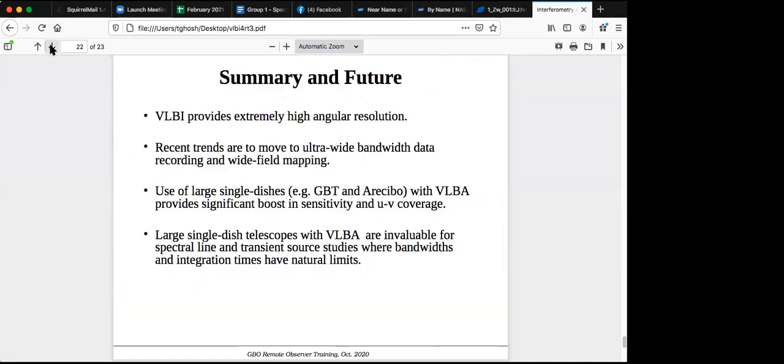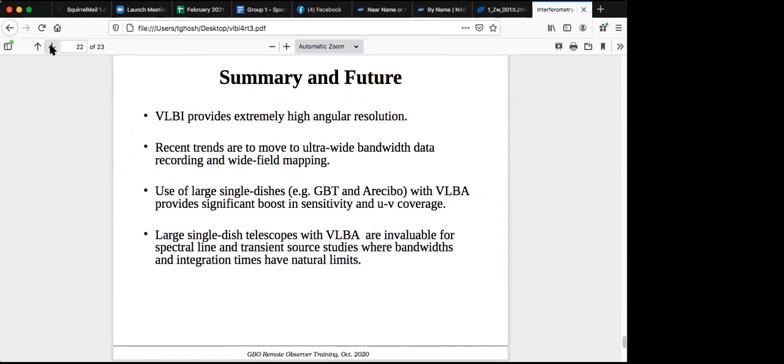I have not done justice to any of the wonderful achievements of VLBI. One big one is, of course, all the water maser work that Jim Braatz and his students and collaborators do at Green Bank using VLBI, where you actually measure the mass of the central black hole.